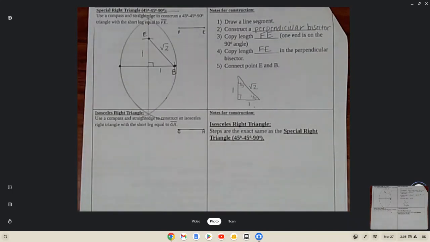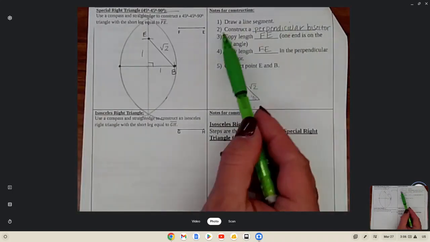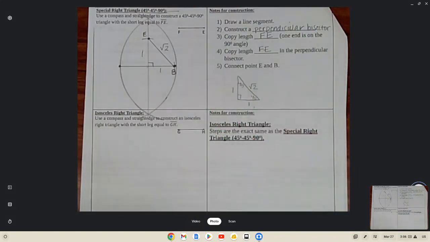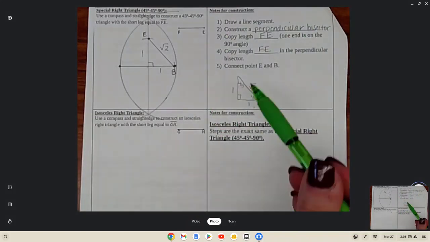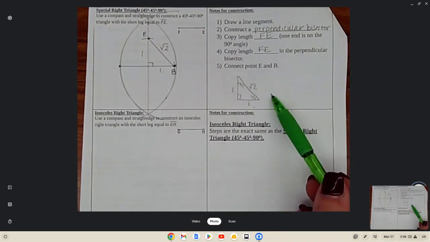Now, this next one, it says isosceles right triangle. Well, isn't an isosceles right triangle the exact same thing as a 45, 45, 90? Right? So the steps are exactly the same. So here's your opportunity to practice this one more time. All right? So it would literally be these exact same steps. So I'm going to work through mine. You can follow the steps here to work through yours.